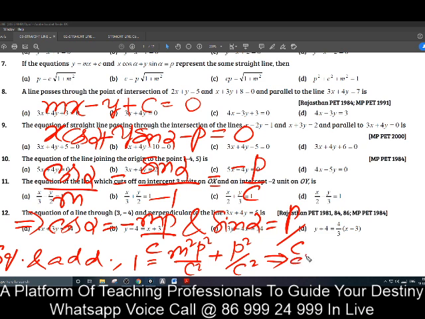C square is equal to p square into m square plus 1. What is C here? C is p root over 1 plus m square. You must write plus or minus also. He has not given plus or minus. So your C is p root over 1 plus m square, and you must write it as plus or minus.